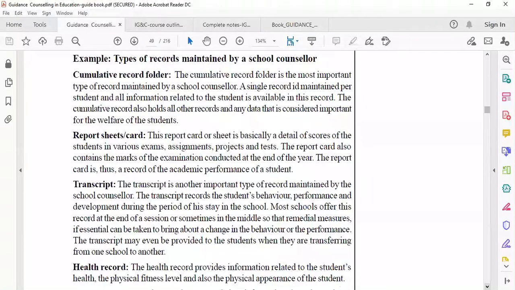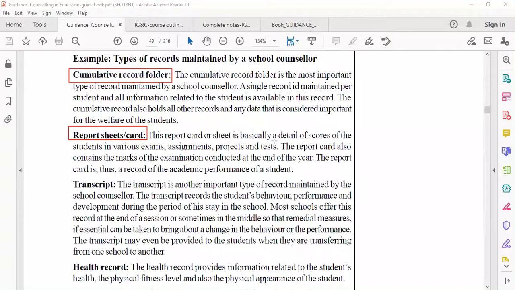And what type of records do they have as professional counselors? Professional counselors have cumulative record folders, report sheets and records. Cumulative record means total record, the record that contains most of the information about the client.